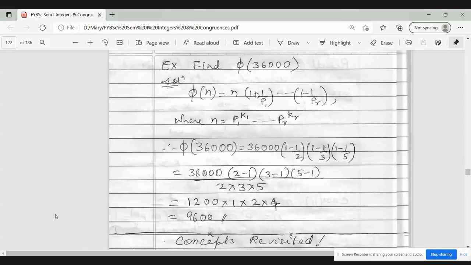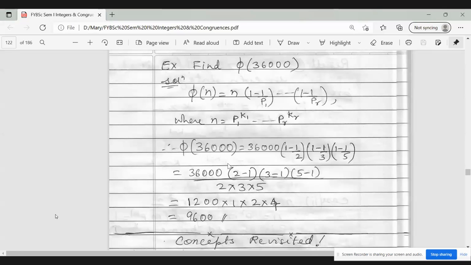What is phi of 36,000? This will be n into 1 minus 1 by p1 into 1 minus 1 by p2 and so on. Now, what are the primes here? The primes used are 2, 3 and 5.